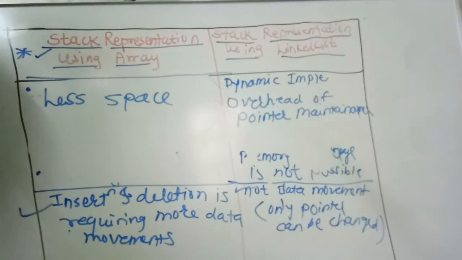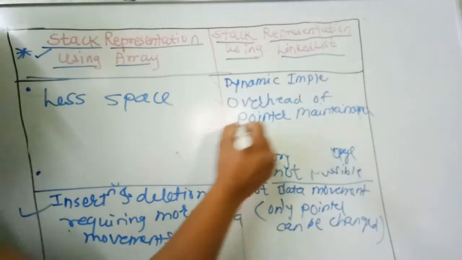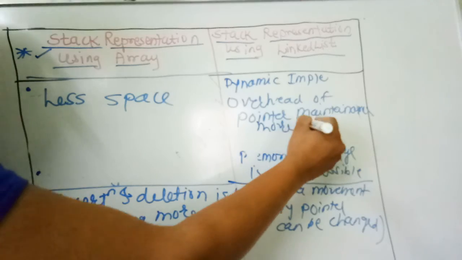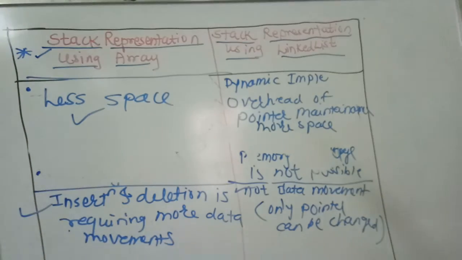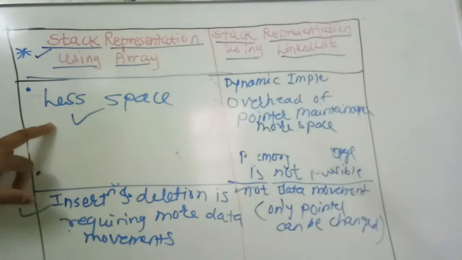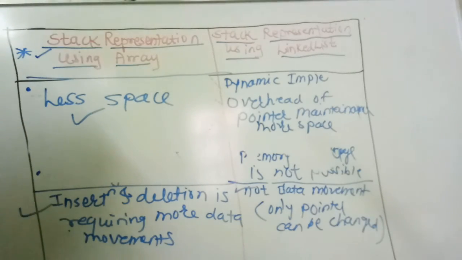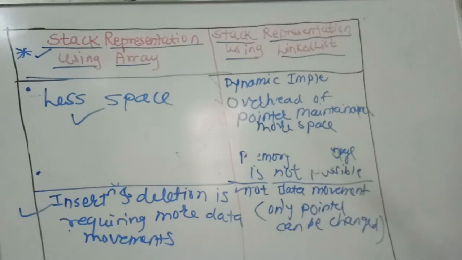So here more space is required, and in the case of array representation no extra space is required for any pointer storage. So these are the basic differentiating factors between the dynamic implementation and the static implementation of a stack. Thank you so much.